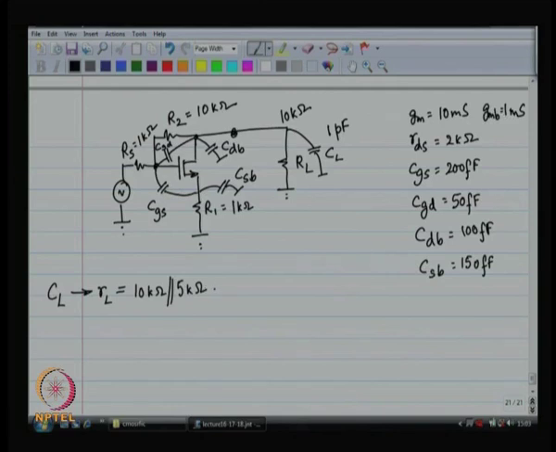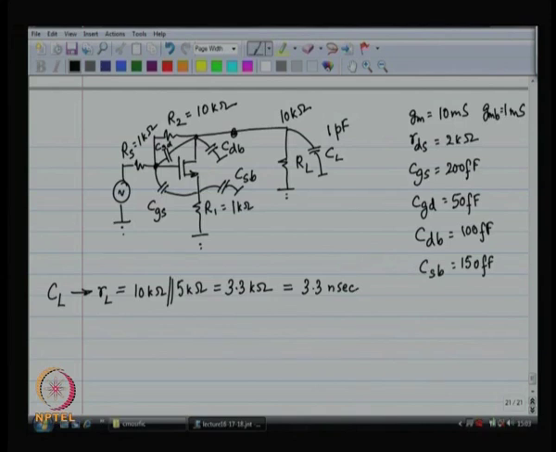Remember? So, RL is really something like 3.3 kilo ohms. All right. So, the time constant I get for the load capacitor is 1 picofarads times 3.3 kilo ohms, that is about 3.3 nanoseconds.